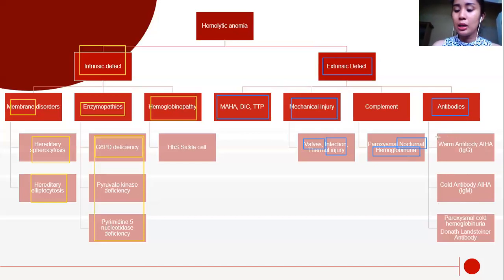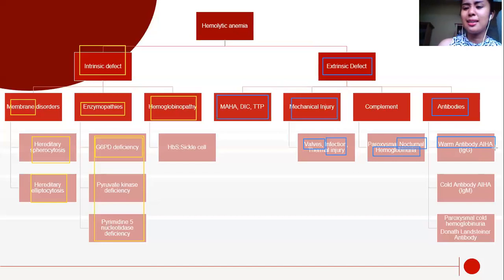So, pag sinabi natin warm antibody autoimmune hemolytic anemia, I think this is very much dangerous, kasi it happens at body temperature. So, ibig sabihin sa loob ng katawan, your IgG is activated because it's a warm antibody.